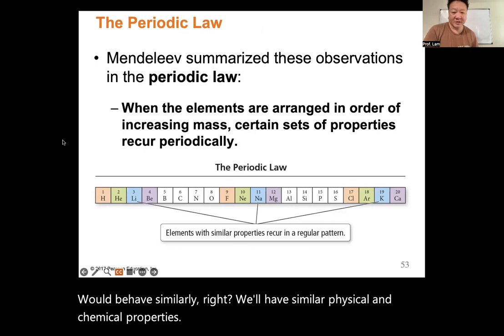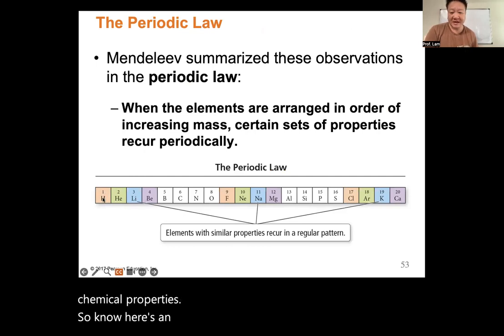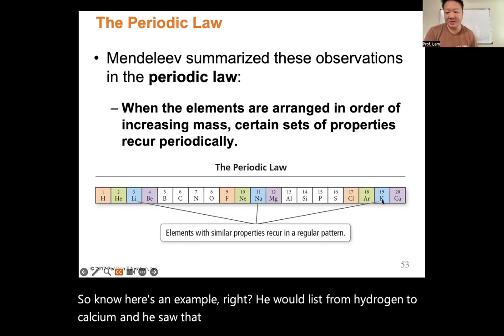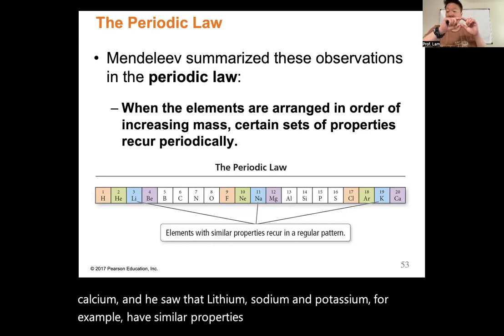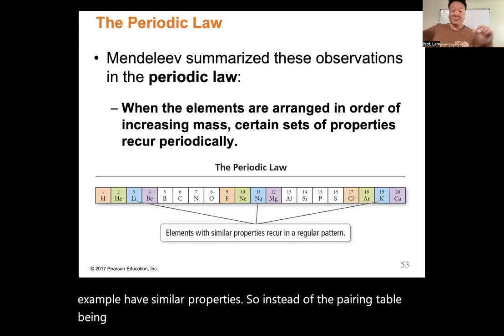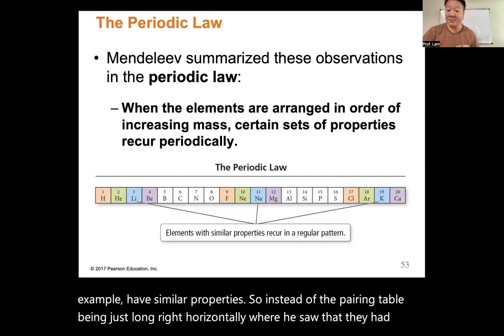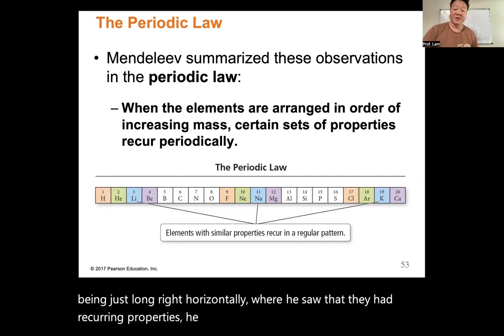So, here's an example, right? He would list from hydrogen to calcium, and he saw that, oh, lithium, sodium, and potassium, for example, have similar properties. So instead of the periodic table being just long, right, horizontally, where he saw that they had recurring properties, he started a new line.